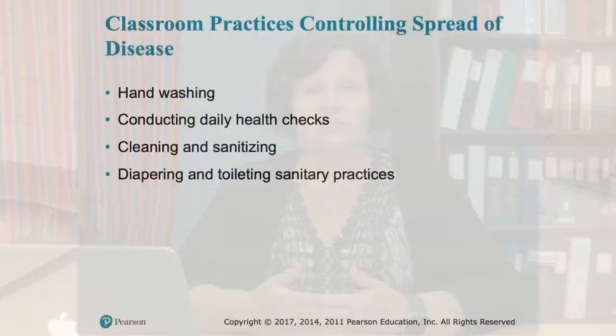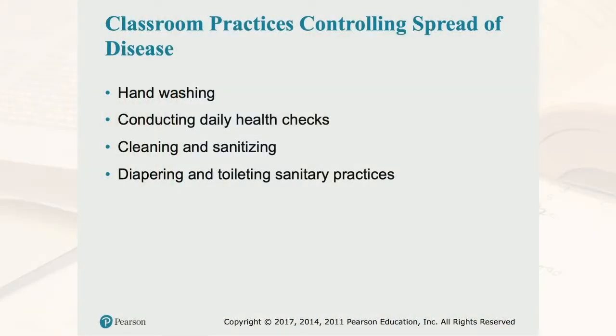Again, conducting those daily health checks because we want to ensure that it's not spreading to other children. Cleaning and sanitizing is a huge practice that daycare centers will do. Not only washing our toys daily with soap and water, but in between spraying it with our Quat or our Javex and water solution to reduce that risk of anything spreading on the toys and equipment.